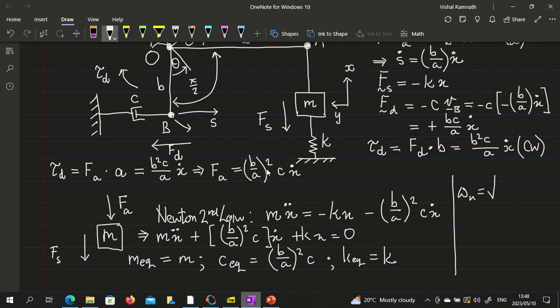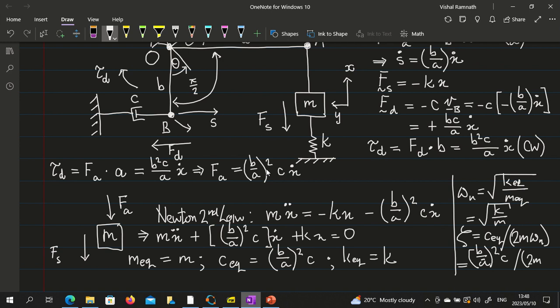Therefore, omega n is equal to the square root of K equivalent over m equivalent, which is equal to the square root of K over m, and then zeta would be C equivalent over 2m square root of k over m, which would be b over a squared c over 2m square root of k over m, which is equal to c over 2m b over a squared square root of m over k.